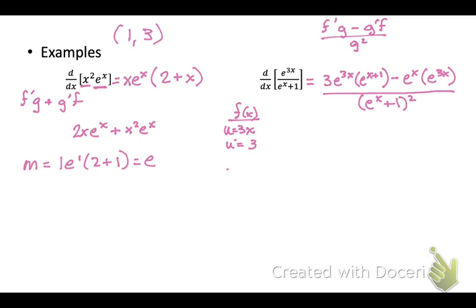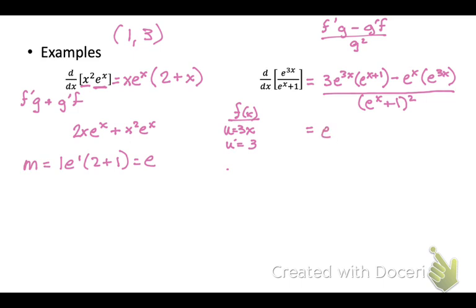Okay, now we've learned not to distribute because we probably can factor out, right? So what can I factor out? E to the 3x. See that? Yeah. Okay.